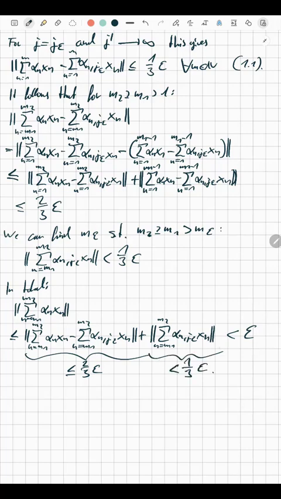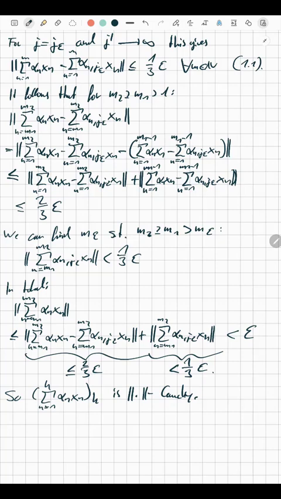So this is less than epsilon, and we can conclude that this sequence right here is Cauchy in the original norm.